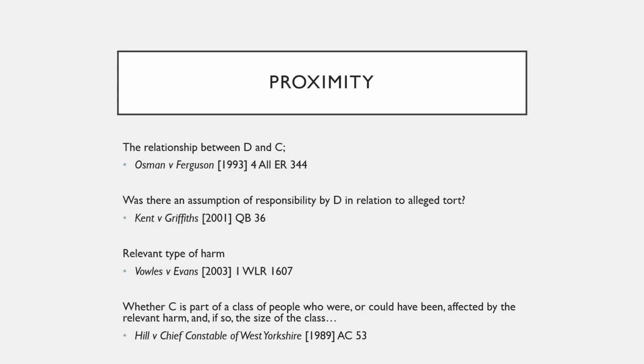Then we look at reasonable proximity. So this looks at various things, such as the relationship between the defendant and the claimant. So in Osman v Ferguson, 1993, there was a teacher. He was very obsessed with one of his students. He used to basically harass him, follow him, and he ended up shooting his father and the child himself.